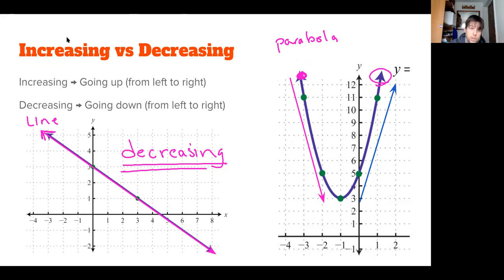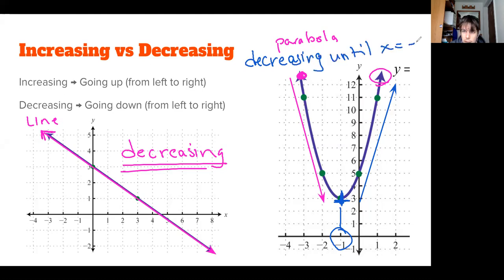Now, you can get really technical with this in terms of your description. You can say it's decreasing until this spot right here. And in general, we just describe the x coordinate of that. So we could say something like decreasing until x equals -1, right?